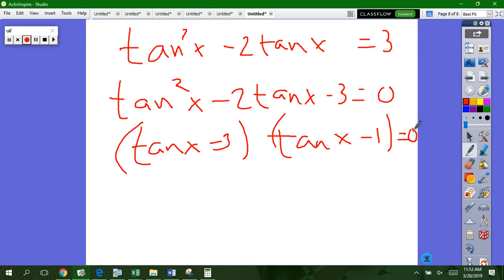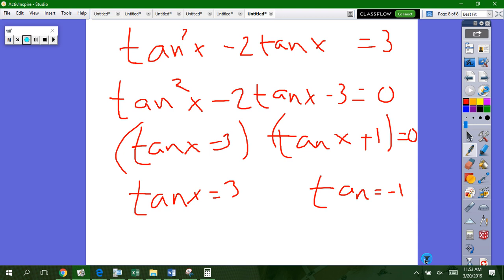Okay. So then I say, oh, where does tangent equal 3? Is it? Yes, it is. Thank you. And where does tangent equal -1? Okay. Can tangent equal 3? Sure.